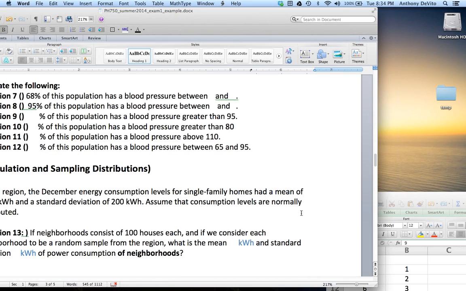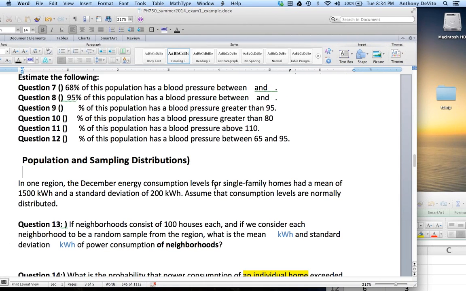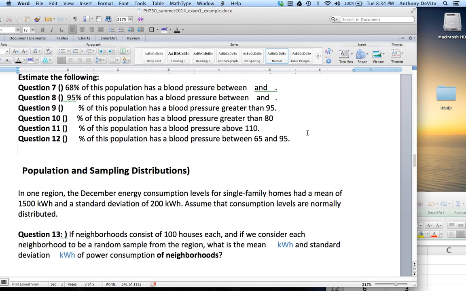Now, keep in mind that we also might get questions. You will get some questions that involve the use of the t-score. Okay, and I'm going to add to this question right here.